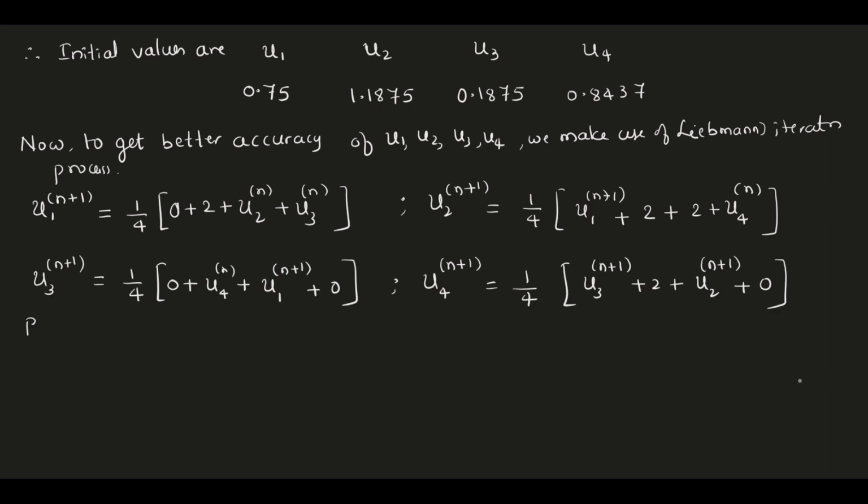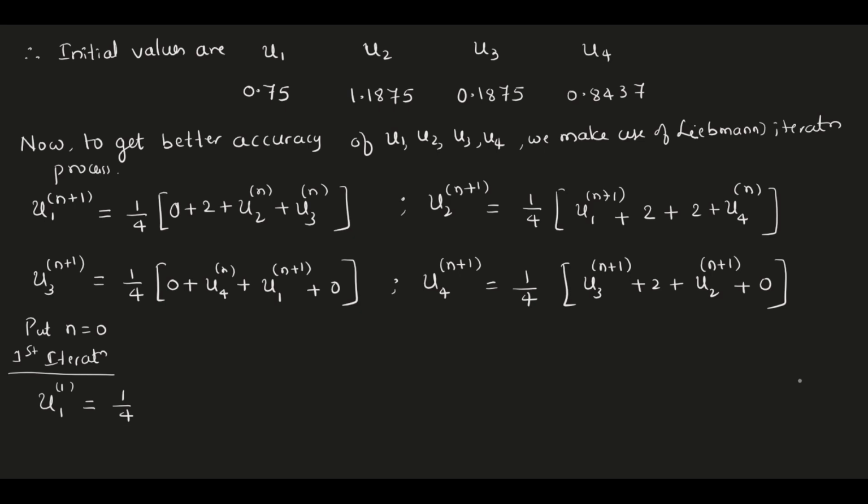Now put n equal to 0. When you put n equal to 0, that will be your first iteration. So what happens in the first iteration? When you put n equal to 0, u1 of 1 is the LHS.